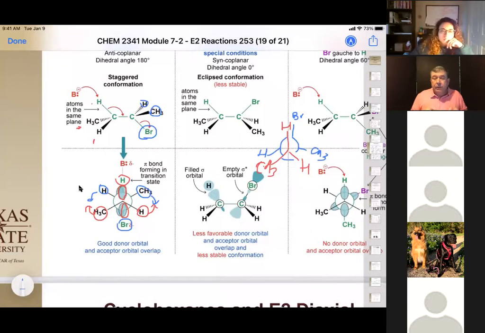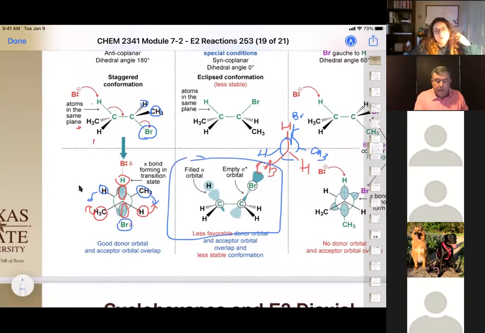The other thing is that we can't easily move all of those electrons around because they're pulling and tugging sterically at the same place. So this is less favorable than the anti arrangement.